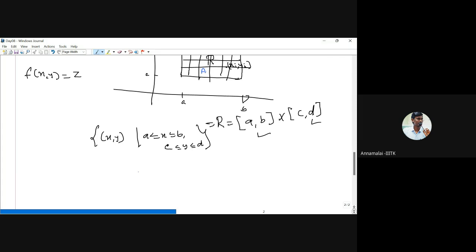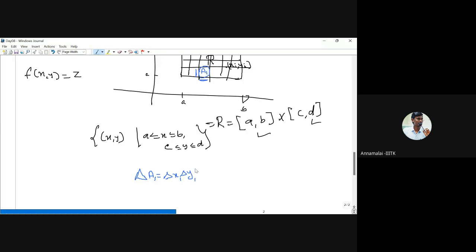What is the area, so what is delta A? It is nothing but the area only for this region. Suppose I call this length delta x and this length delta y. So the area is delta x into delta y. If we call this A1, then the area of A1 is delta x1 into delta y1. So this is the notation.